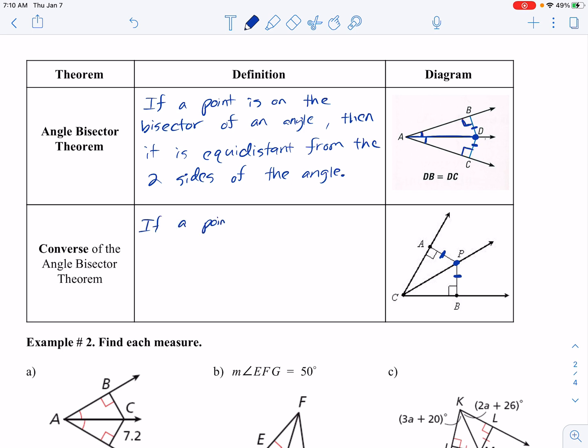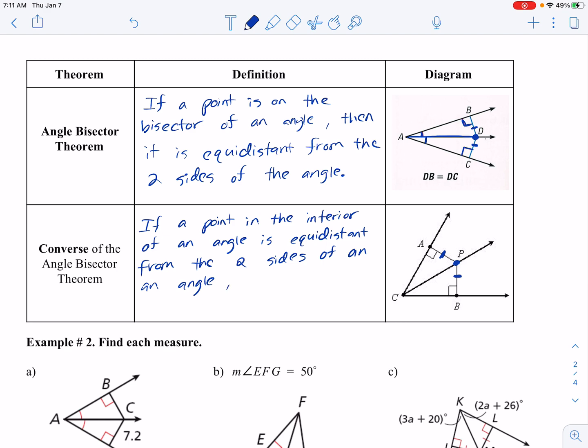If a point in the interior of an angle is equidistant from the two sides of an angle, then it is on the angle bisector. And that's what you have here.